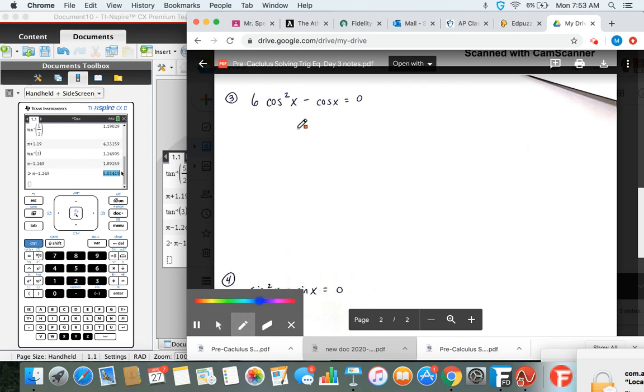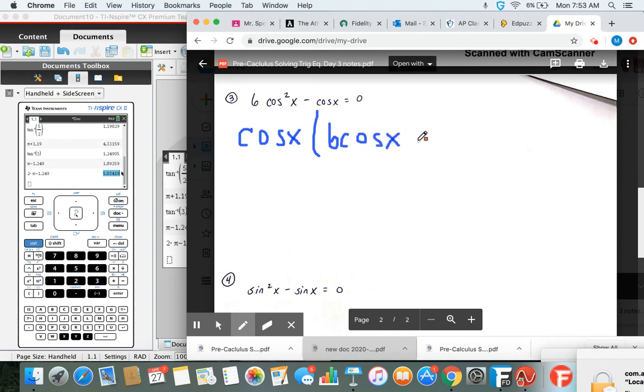Okay, so here, how are we going to begin to solve? Well, we only have two terms. They both have a cosine. So again, we're going to have to factor out, in this case, a GCF, which is cosine x. And what we would be left with would be a 6 cosine x, because that was squared, and then a placeholder here, minus 1. All right, equals 0.